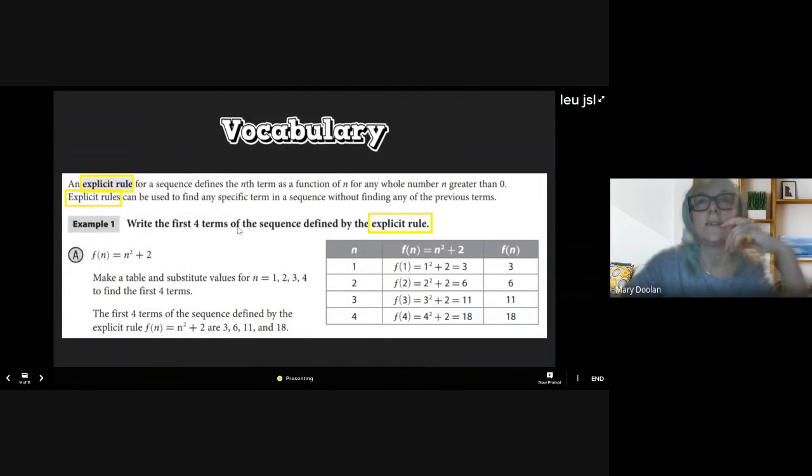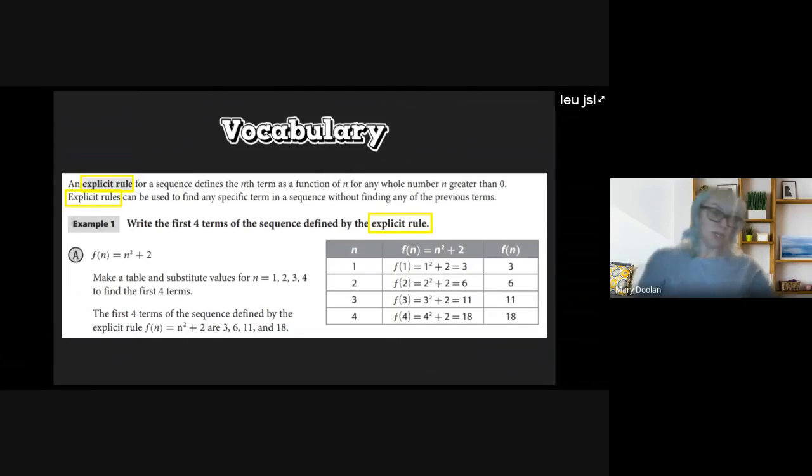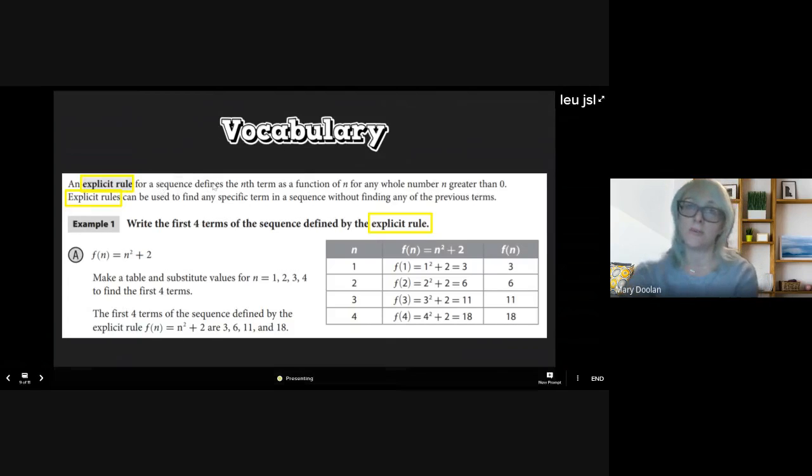When we are talking about arithmetic sequences, there's actually a couple different types of rules. One type of rule is an explicit rule, and that's what I have a yellow box around here. An explicit rule for a sequence defines the nth term.